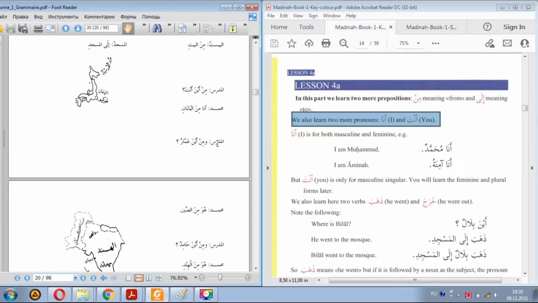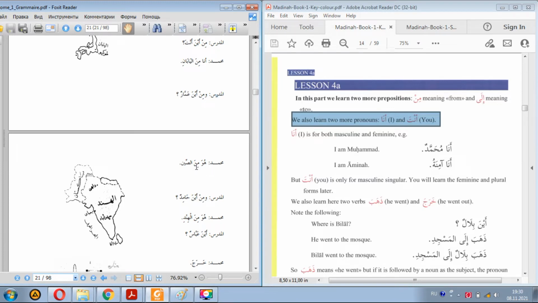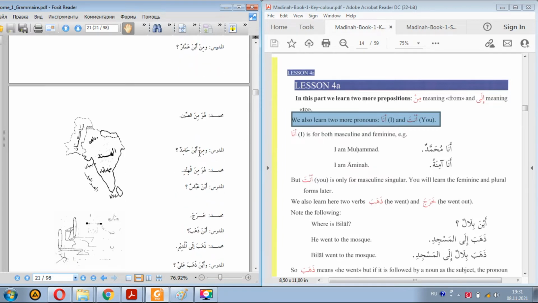المدرس, the teacher. ومن أين عمار, and where is Ammar from? هو من الصين, he is from China. الصين means China. ومن أين حامد, and where is Hamid from?